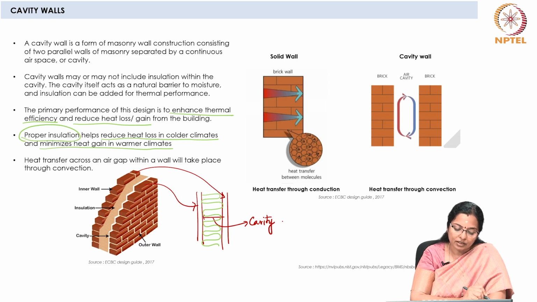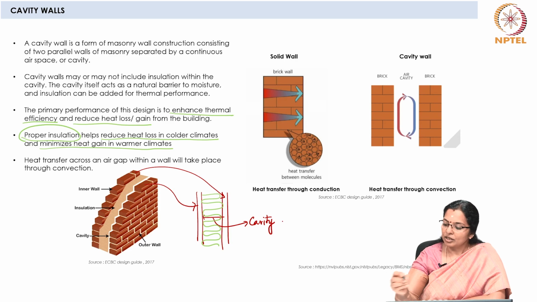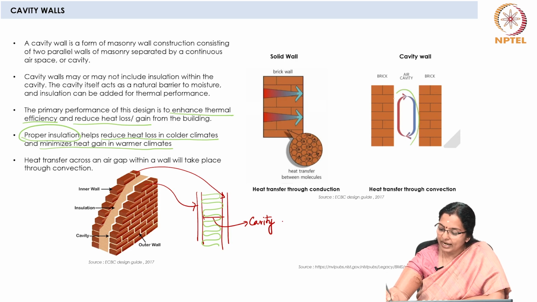Heat transfer across an air gap within a wall will take place through convection, as is shown here. So, say this is outside and this is the inside.